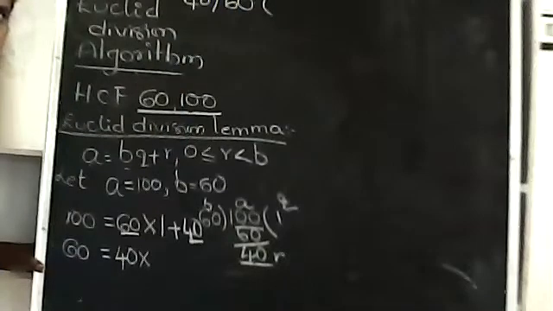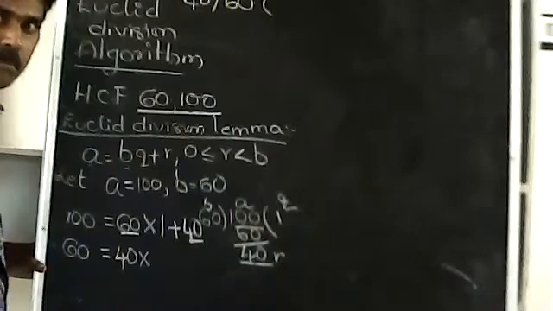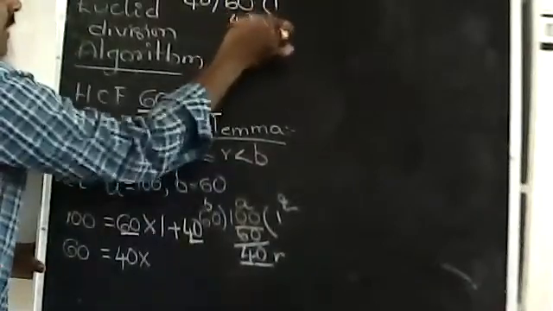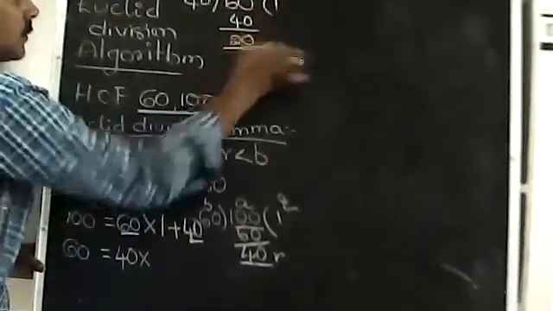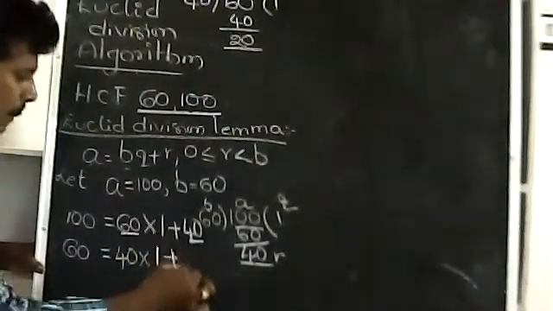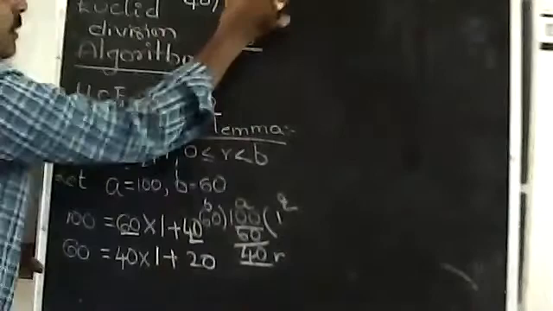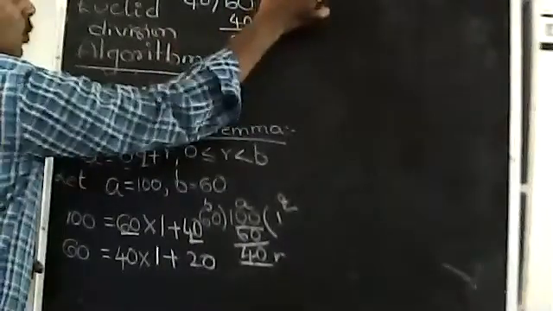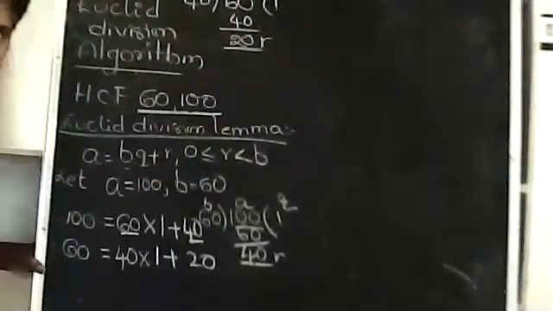How many times does it get cancelled? One time. What will be the remainder? 20. So again you write 60 equals 40 into 1 plus 20, with this as A and B, and this as Q and R.